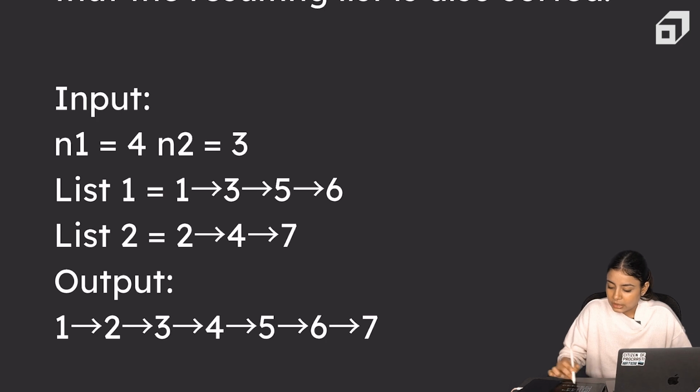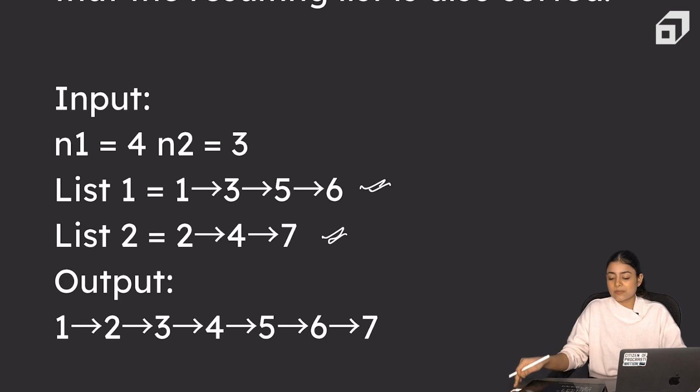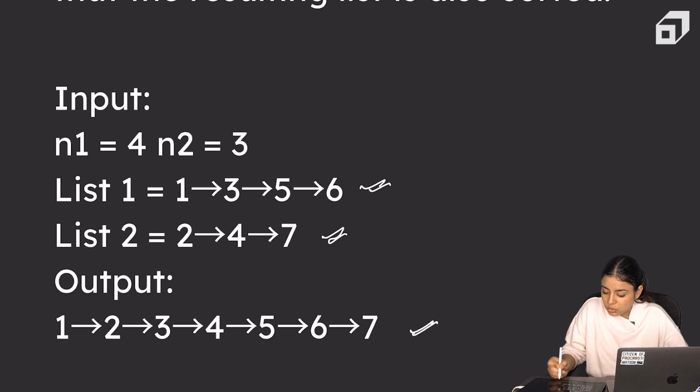So you can see in list 1 that I have, all of these values are sorted 1, 3, 5, 6, and in list 2 as well, these values are sorted 2, 4, 7. And now what I need to do is combine these two linked lists into a single linked list such that the combined linked list is also sorted. So my output should look like this.